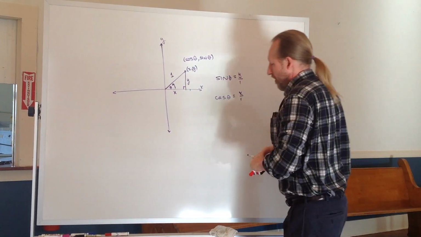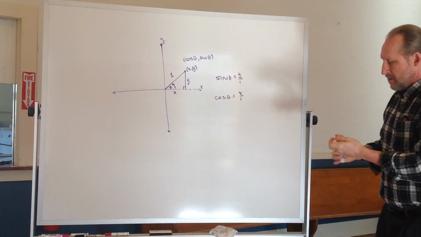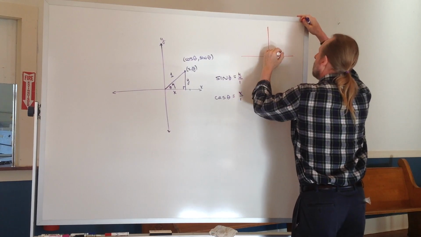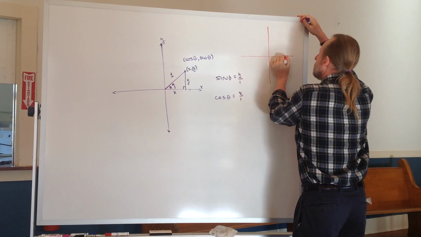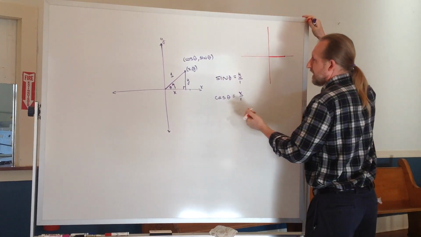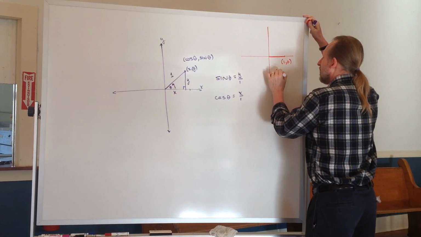I'll leave this up here for a minute, and then over here, draw another one. So here is where theta is 0 degrees. There's no rotation at all. This is the point 1, 0.